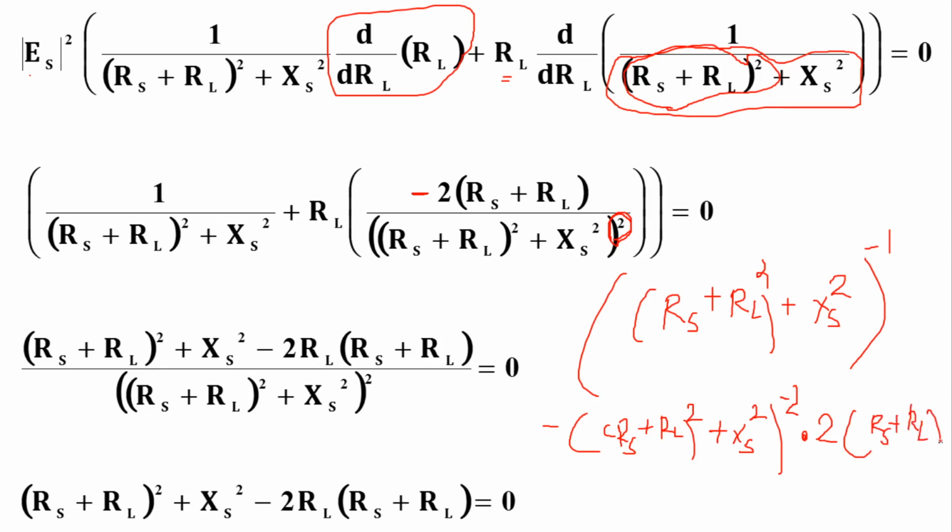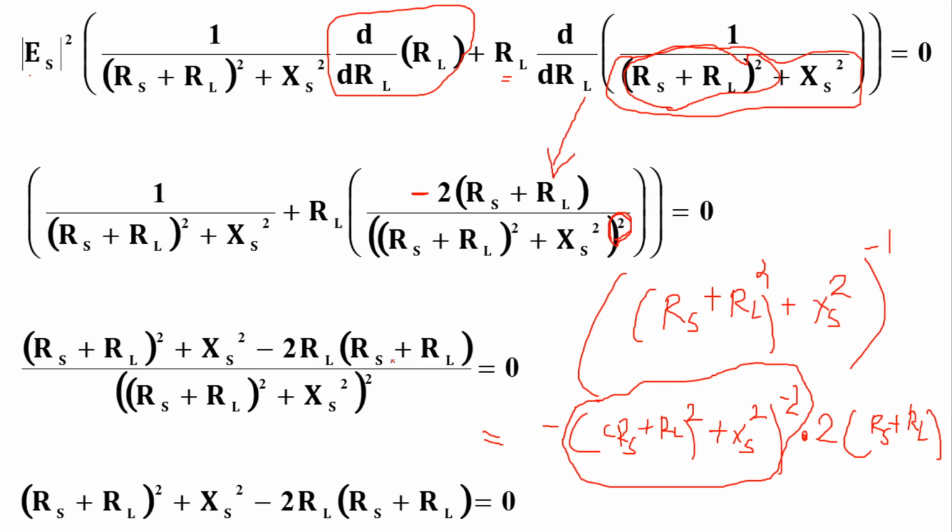This 2 into minus 1 becomes minus 2, RS plus RL, and if I write this entire term in the denominator, it will look like 1 upon RS plus RL whole square plus XS square raised to 2. So this is the differentiation of this particular term.